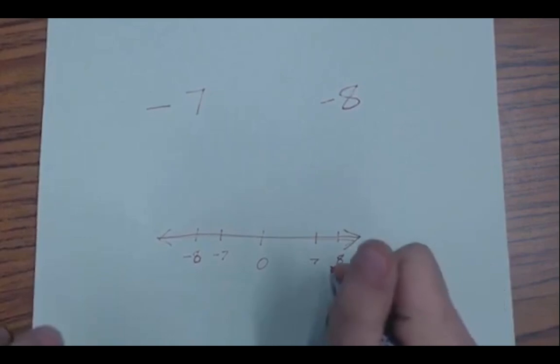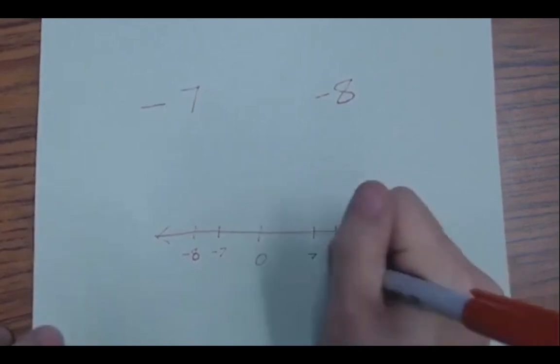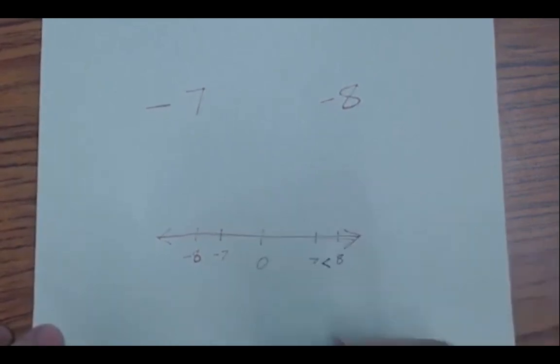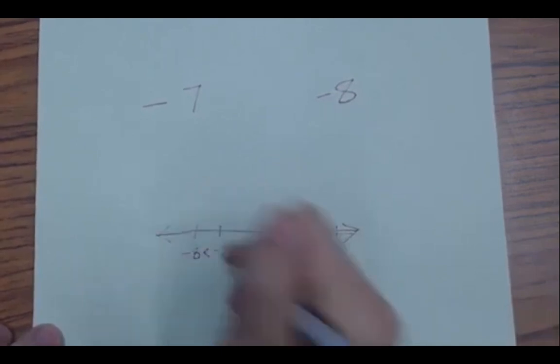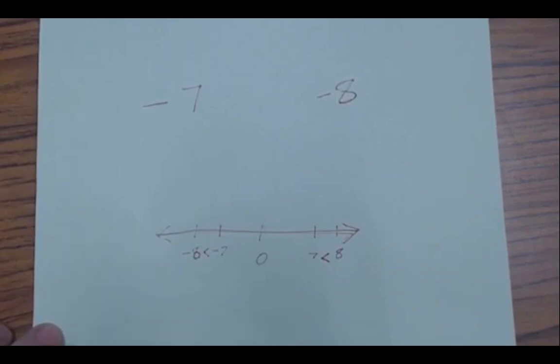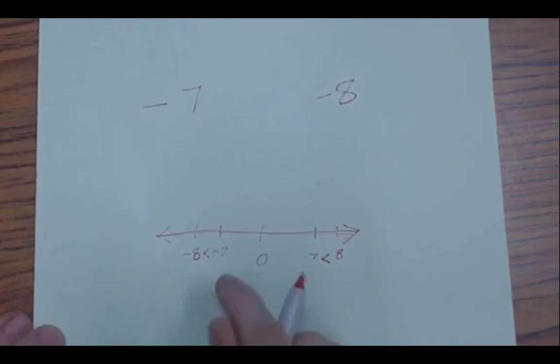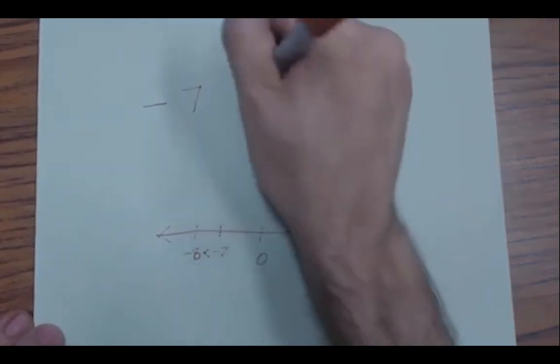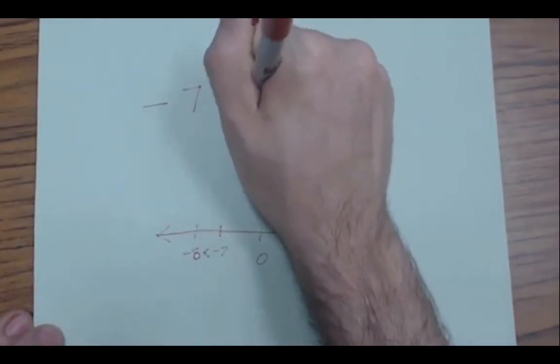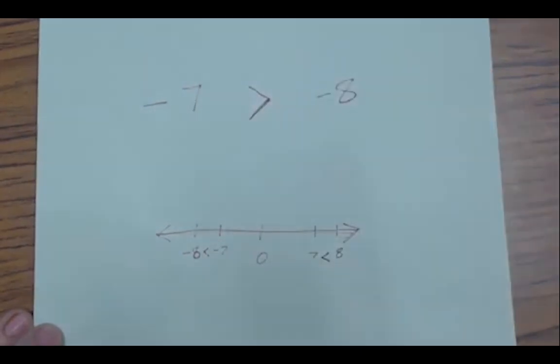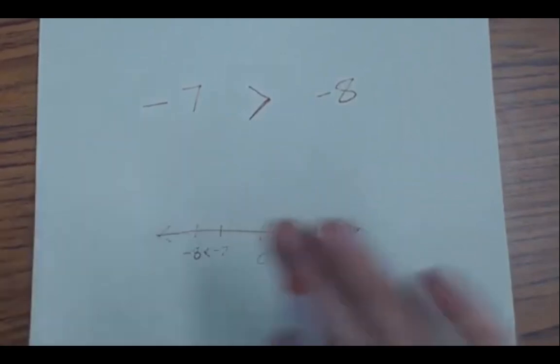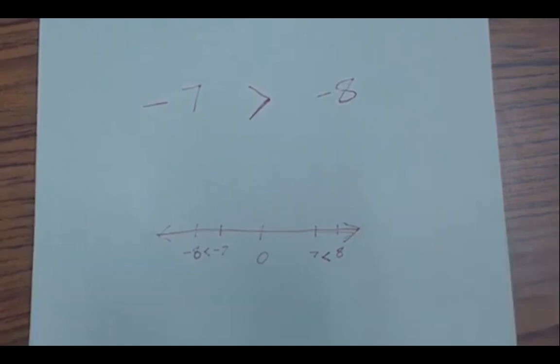So yes, 7 would be less than 8, but -8 would be less than -7. Being to the left on the number line is defined as being less than. And that means that -7 is actually greater than -8. So greater than. Because -7 is to the right of -8.